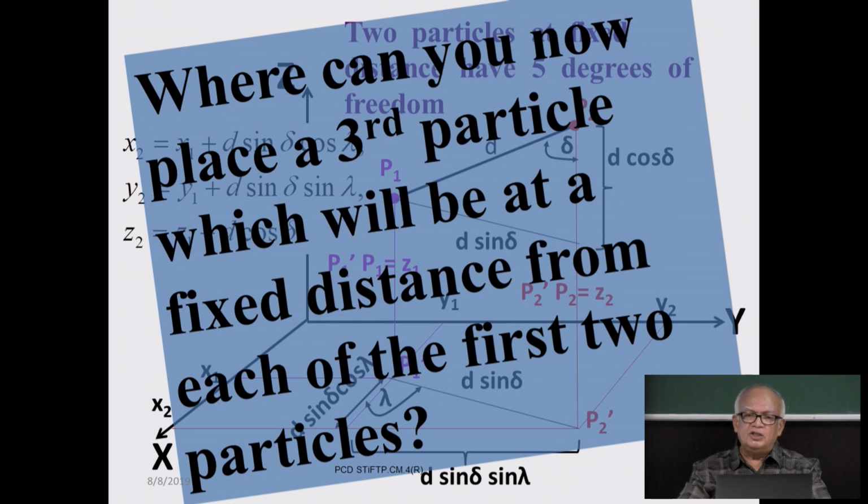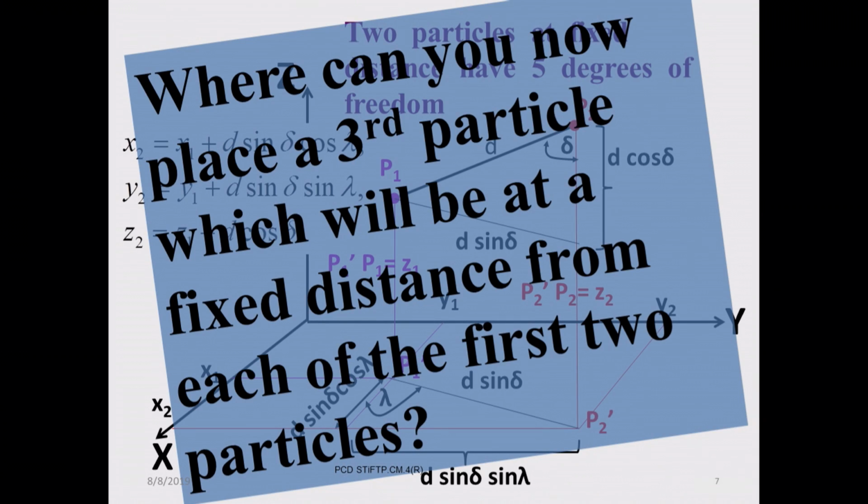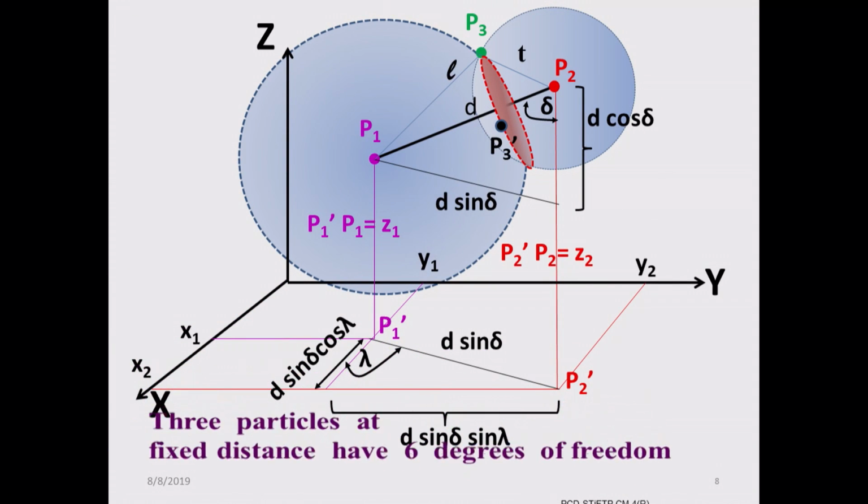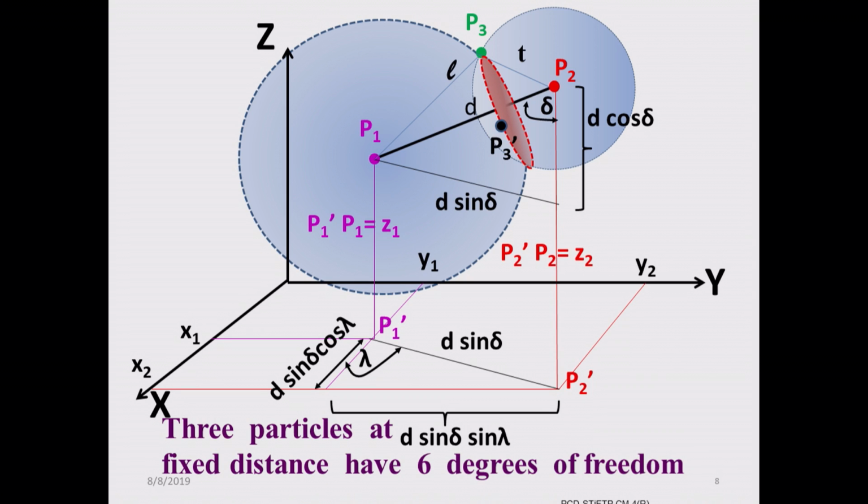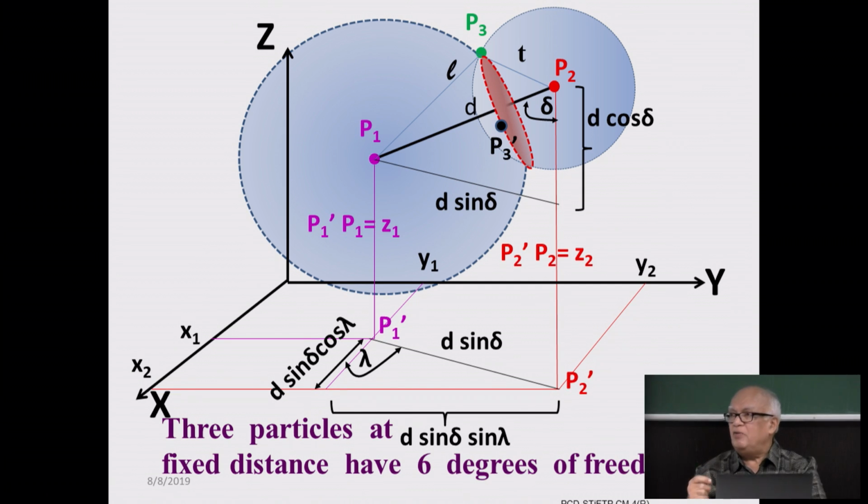Okay? So we construct these 2 spheres. This is the question we are trying to address: where can we place this third particle? We determine the intersection of the spheres, and the intersection will be this circle. And on the circumference of this circle, you can place this particle anywhere.